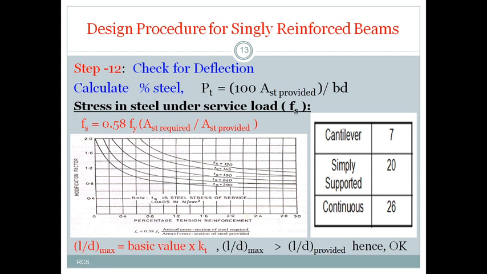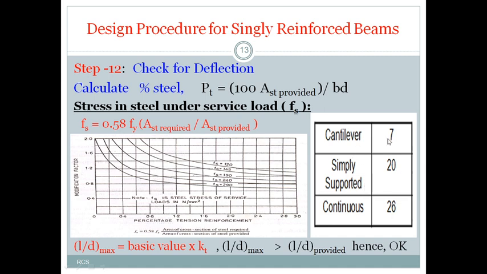For your section to be safe against deflection, it should satisfy the criteria that L by D maximum should be greater than L by D provided. What is this L by D ratio? L by D ratio is based on the type of beam, and can be taken from IS 456. Suppose you are calculating for a simply supported beam, that L by D maximum is 20.